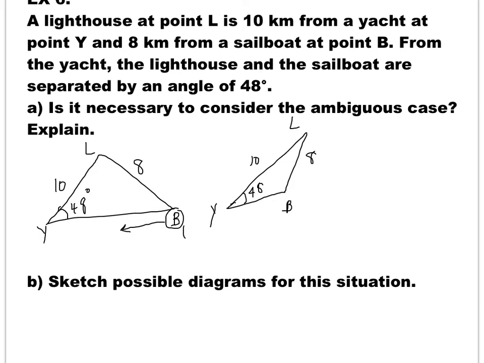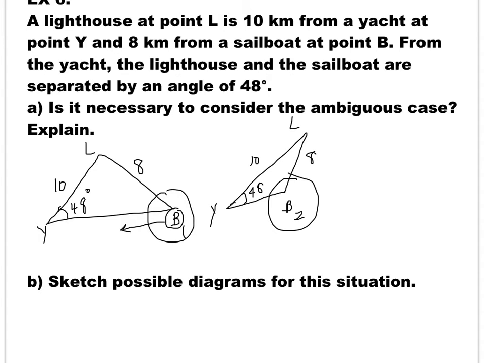If we call this one B1, B2, you can see that we can have two cases. One case is here, where B is less than 90 degrees, and one case is here where angle B is more than 90 degrees. So we have to consider both cases and see which case is acceptable.